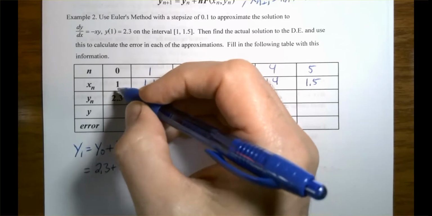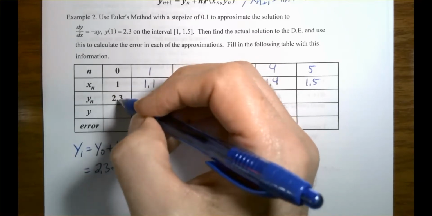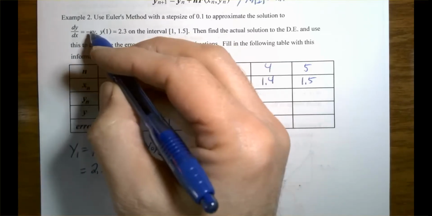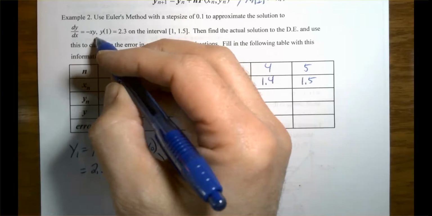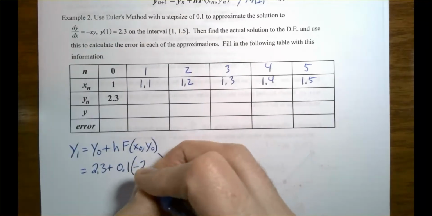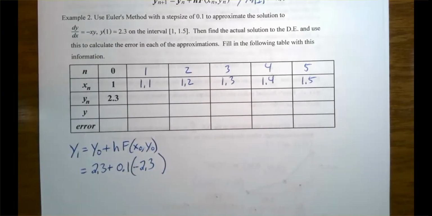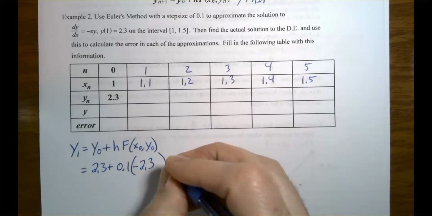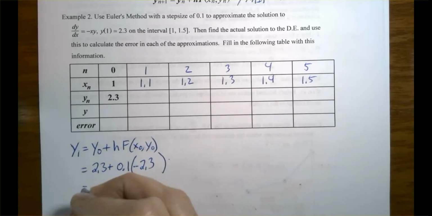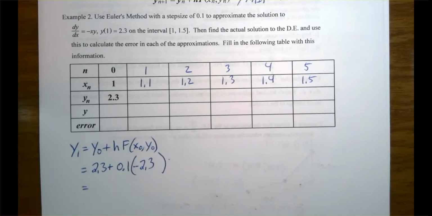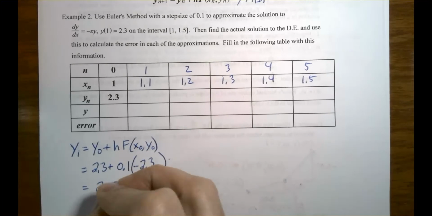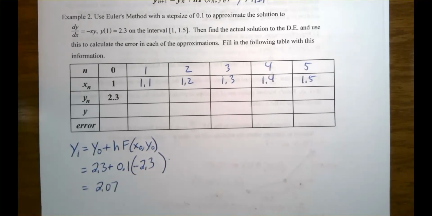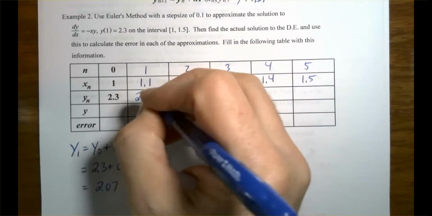At the previous point, the coordinates were 1 and 2.3. And so the function would be negative 1 times 2.3, which is just negative 2.3. And that gives you your next y coordinate. So 2.3 plus 0.1 times negative 2.3 is going to give you 2.07. And so that's the next y value, 2.07.